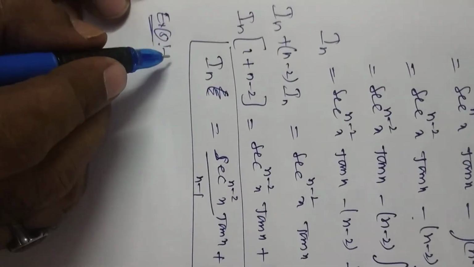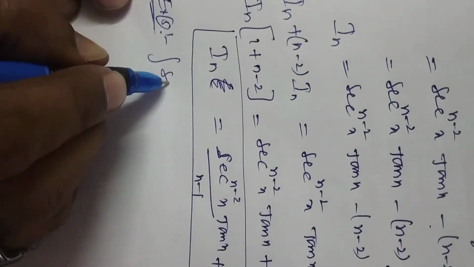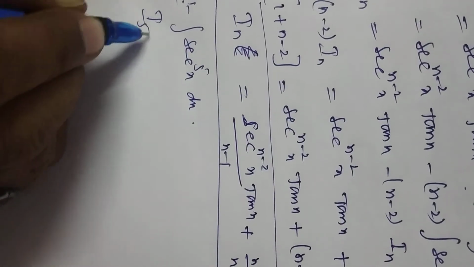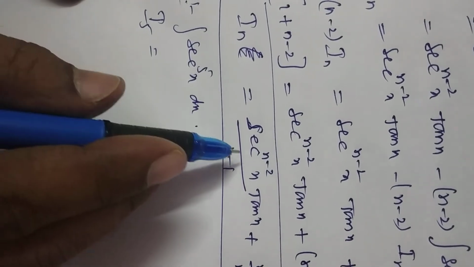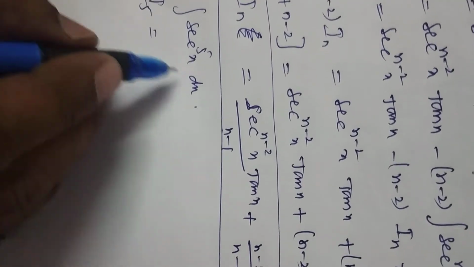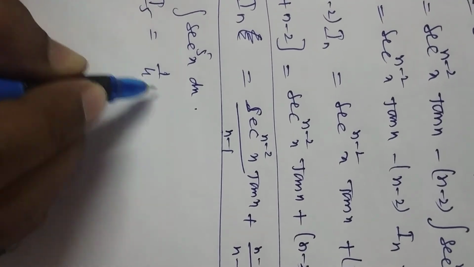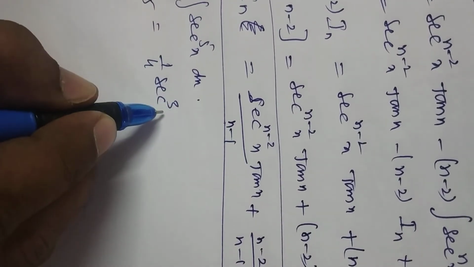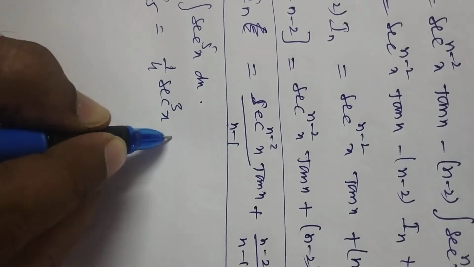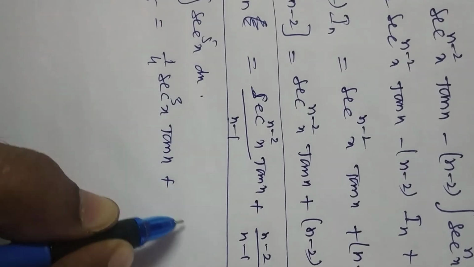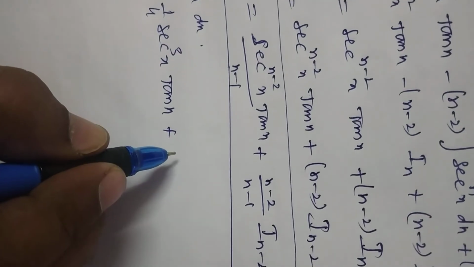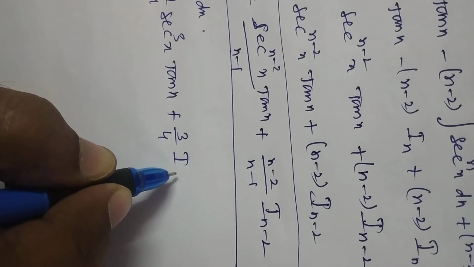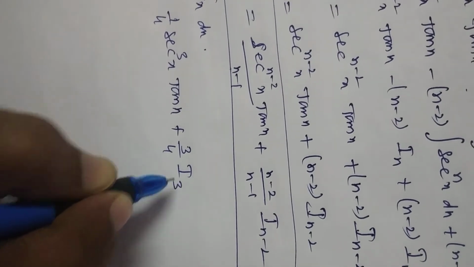Example number 5, the last example: integration of, suppose, secant power 5 of x dx we have. So I5 we have to find first of all. I5 is equal to, here 5 minus 1 is 4, so 1 by 4 of secant cube x (n minus 2 means 5 minus 2 is 3) into tan x plus here (n minus 2) by (n minus 1) means 5 minus 2 is 3, 5 minus 1 is 4, into I n minus 2, that is 5 minus 2, again I3.